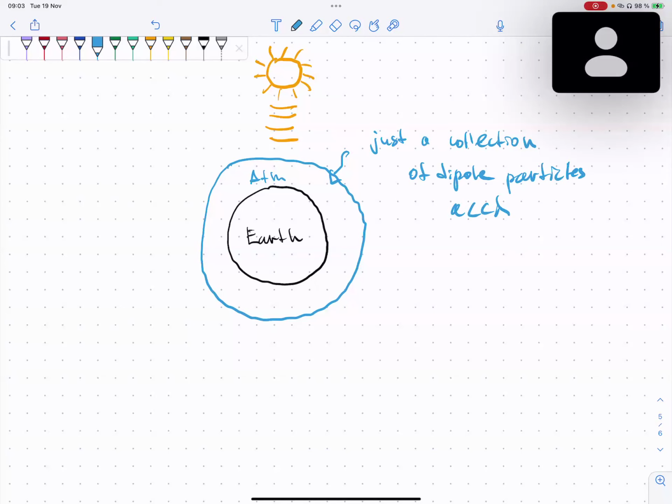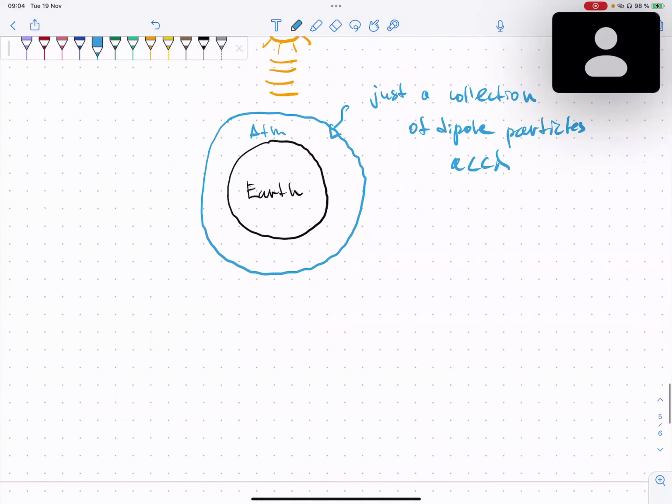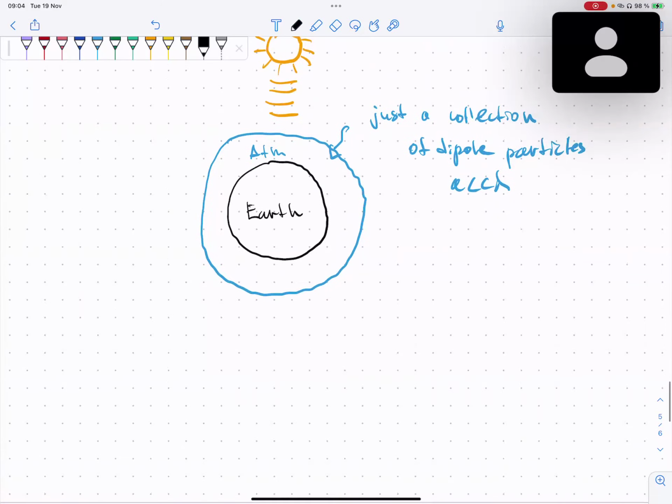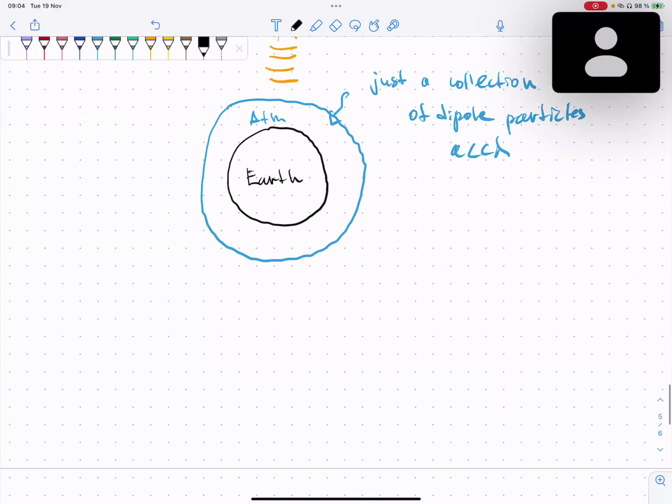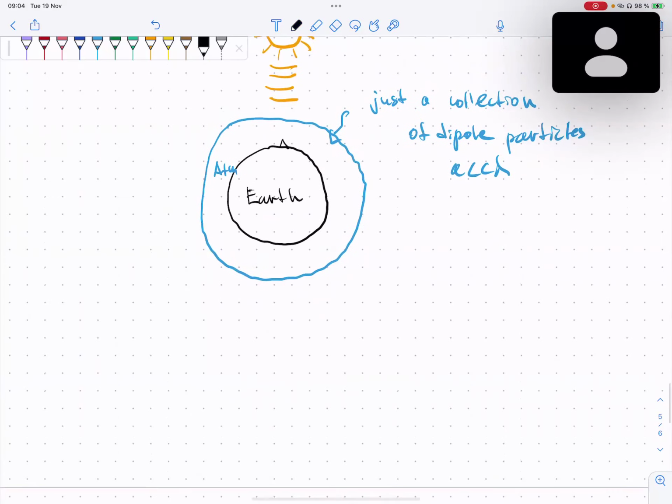So what is happening is that when we look directly at the sun, for example, how to draw this, I don't know. For example, we are standing here, and we look directly at the sun.